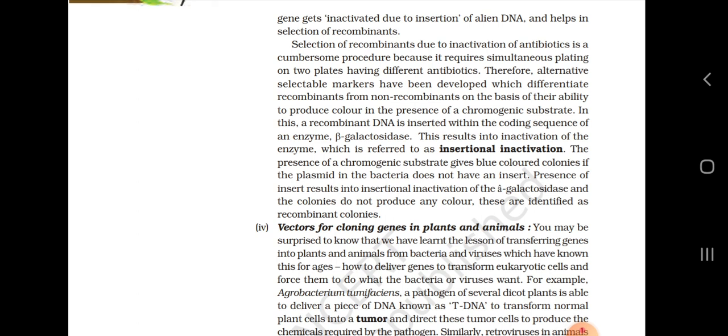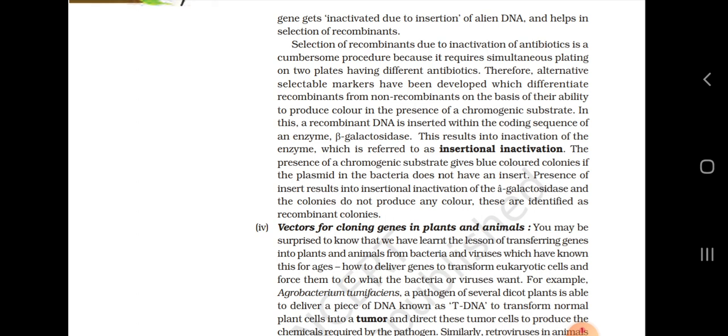So it can still be selected from the non-recombinant ones by plating the transformants on ampicillin containing medium. The transformants will grow in ampicillin medium because the ampicillin resistant site is still active. Then if they are transferred to the tetracycline medium, the recombinants will not grow, while the non-recombinants can grow on the medium containing both antibiotics. This is how recombinants are selected.